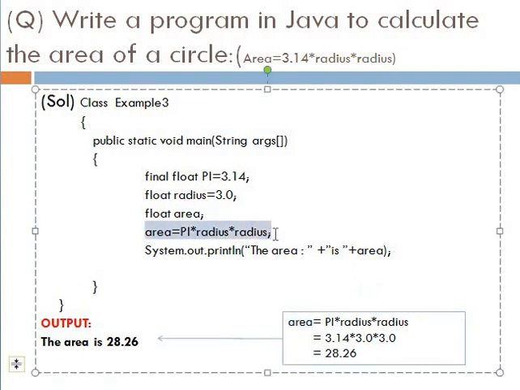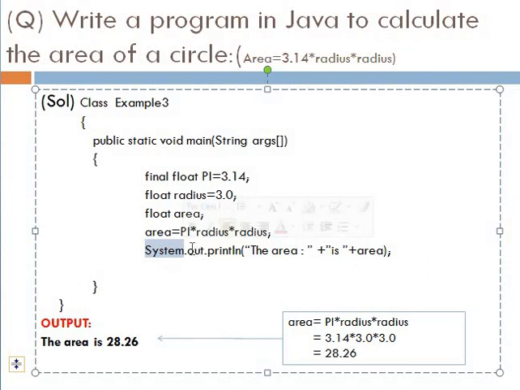28.26 gets stored in this variable called area. Now in the last Java statement, it is using the System class of the Java library package, and it invokes the object called out of the Java library class System.